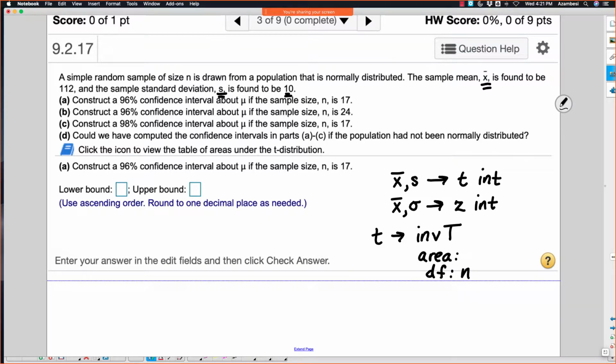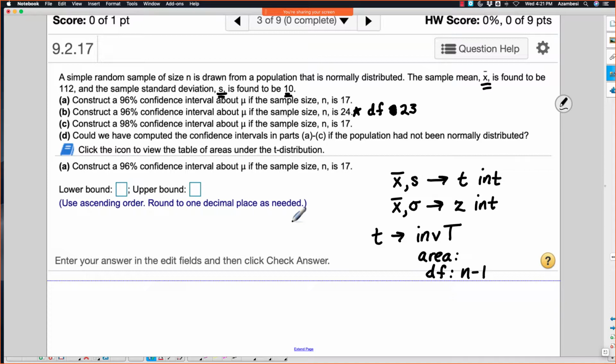And we find degrees of freedom by using n minus 1. So if your sample size is 24, for example, your degrees of freedom would be 23. And that's all you need for the inverse t, and then your value you get out of there.